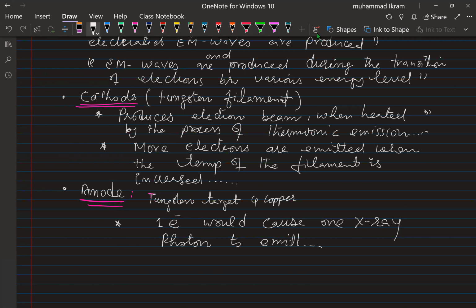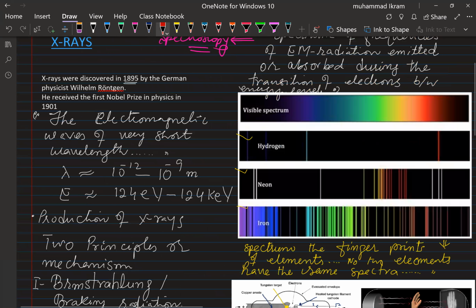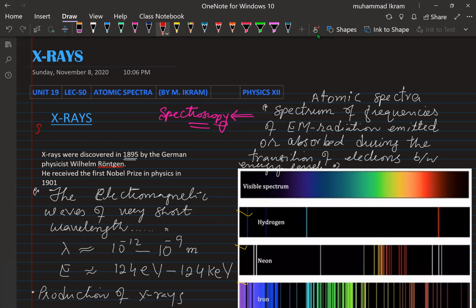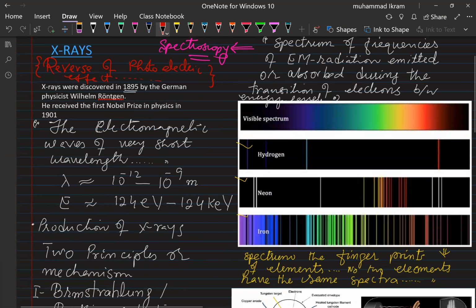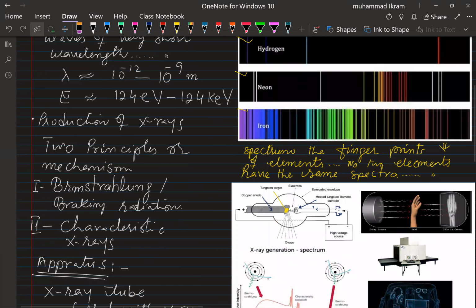This is so beautiful: the process of X-rays is nothing but the reverse of the photoelectric effect. In the photoelectric effect, when a photon strikes a metal surface, electrons are emitted. Here the reverse happens in X-rays. When an electron strikes the metal surface, photons are emitted.